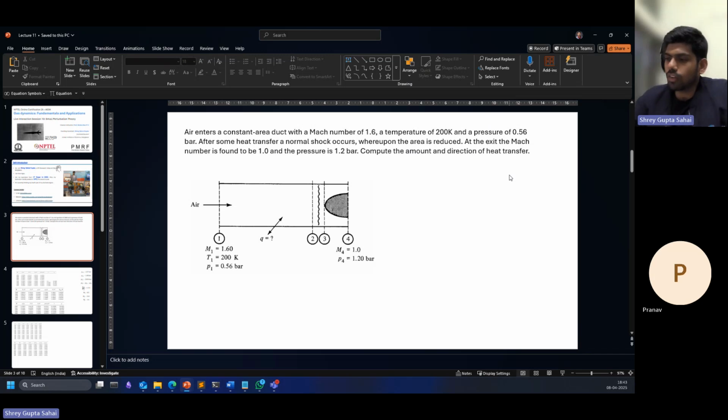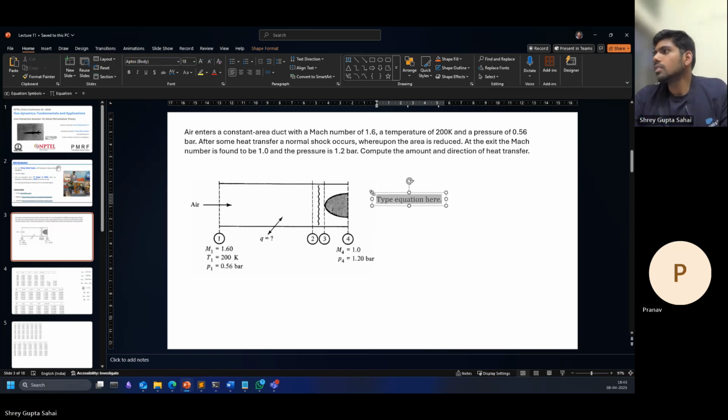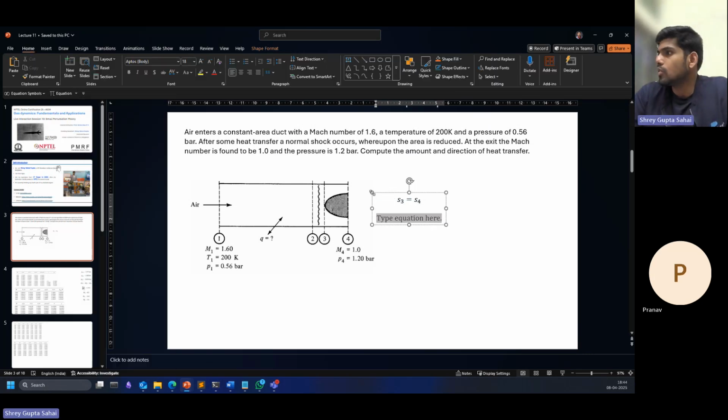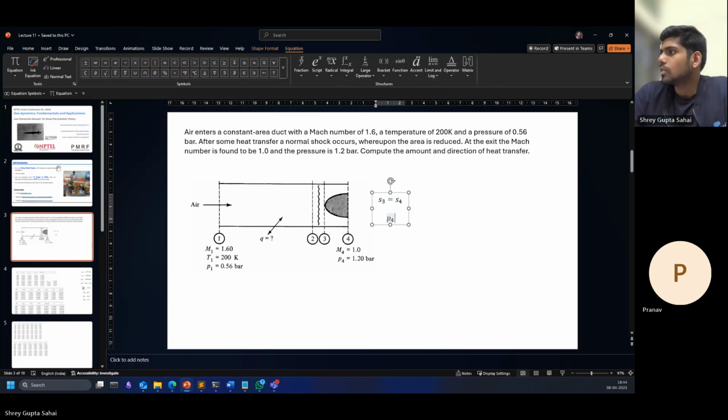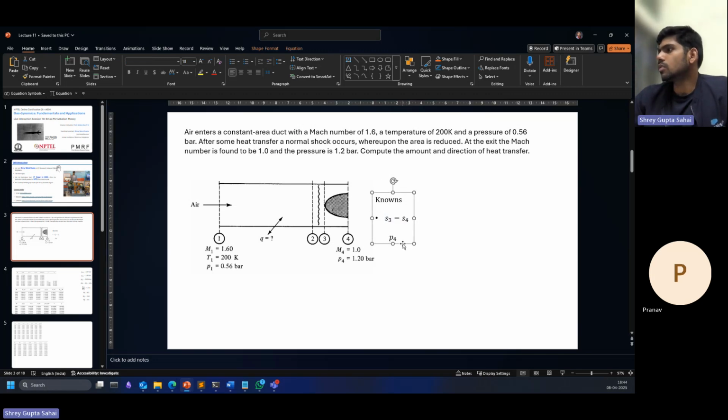So how do we solve it? Do we have enough relations to solve this thing? We know S3 equals S4, and we know P4. I'm writing the knowns. S3 is known, P4 is known.